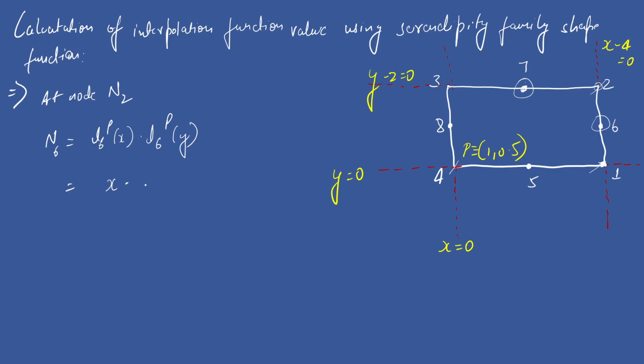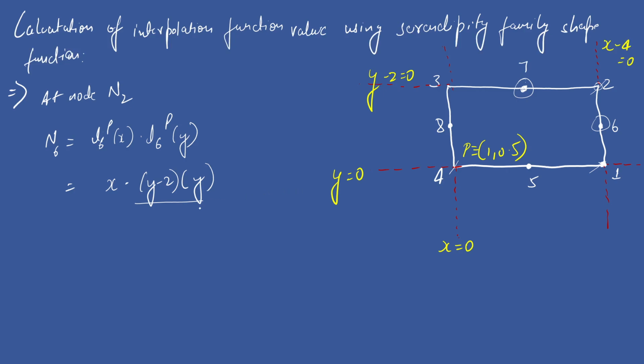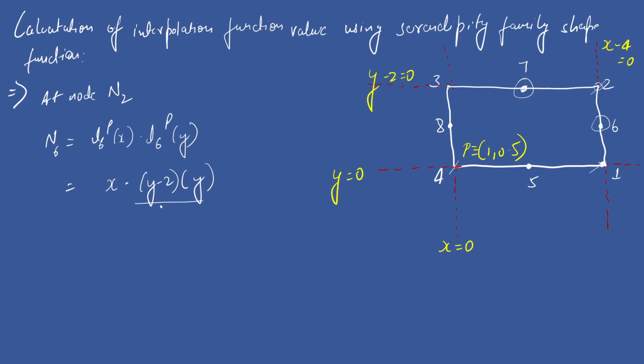Then you are having L6. So for L6 Py, you will take y minus 2, then y, then you are having xi minus xj. So what is your xi? So it is given by xi minus xj.